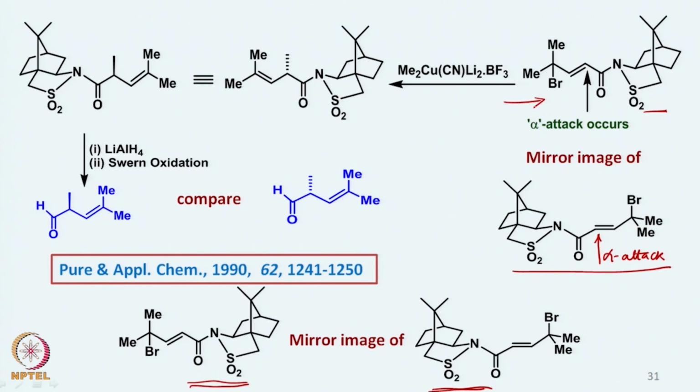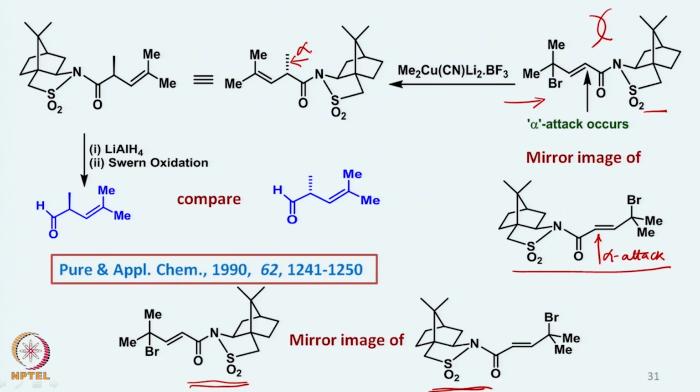If we take its mirror image, even then again the alpha attack will take place, because alpha attack is more preferable, because this side attack is sterically blocked, and therefore again alpha attack will give this methyl group to be formed from the alpha side.